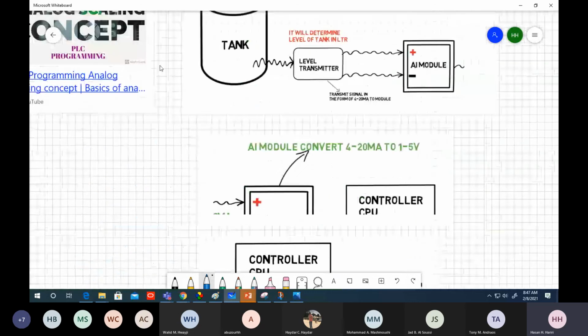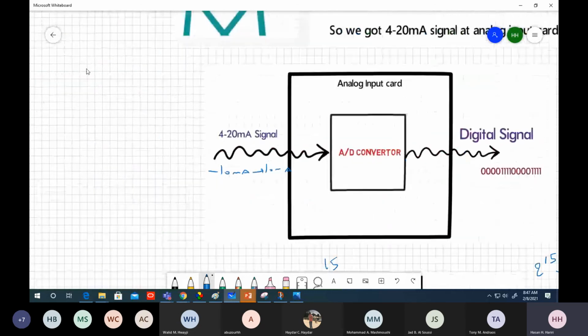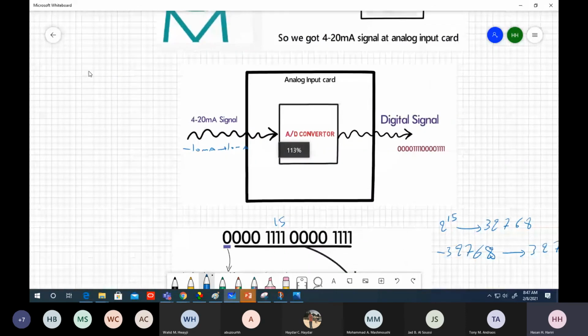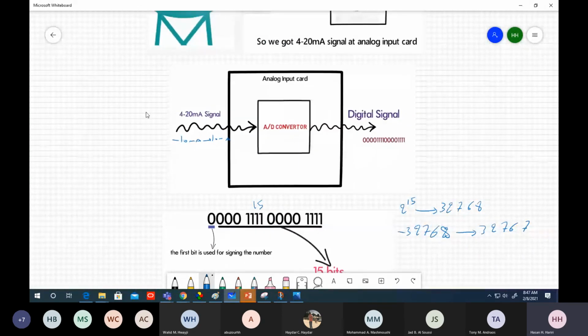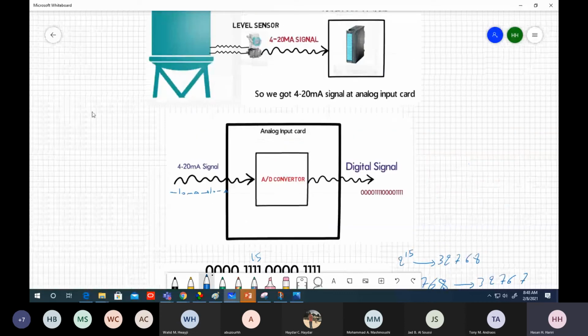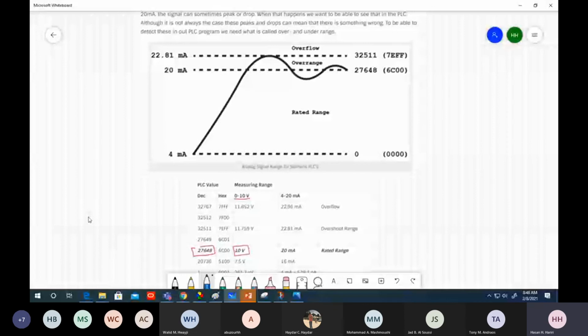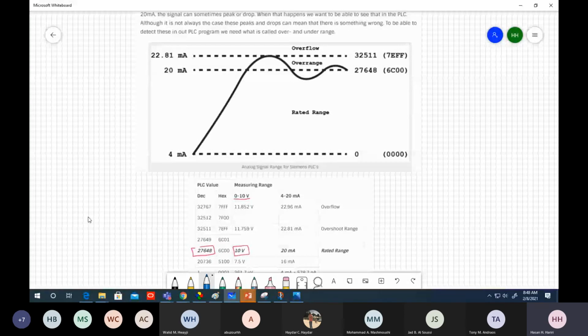What Siemens does is even better than that. They don't only take a scenario in which you have a negative signal, so they give a sign bit for the negative signal. In addition, Siemens saves some bits for overflow and underflow, or overshoot and undershoot.